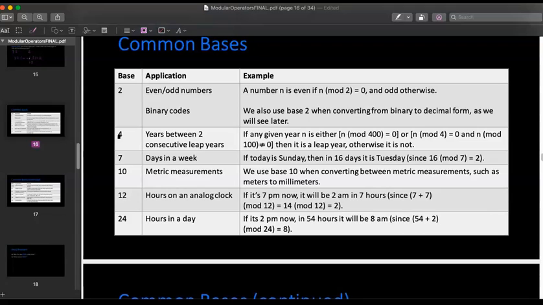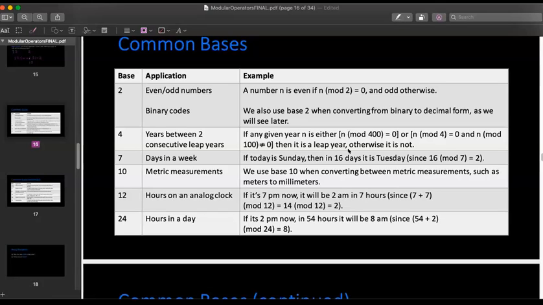So let's go ahead and look at the base 4, and you can write this if you want. Years between 2 consecutive leap years. All right, so if any given year n is either n mod 400 equals 0, or n mod 4 equals 0 and n mod 100 is not equal to 0, then it's a leap year. Otherwise, it's not.